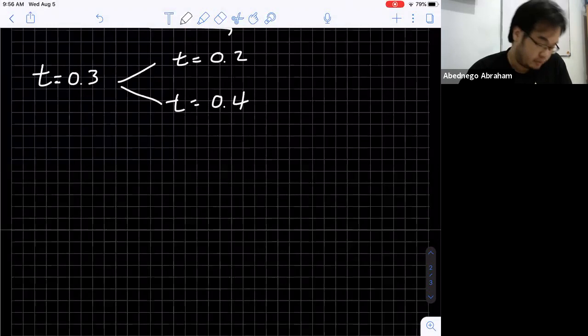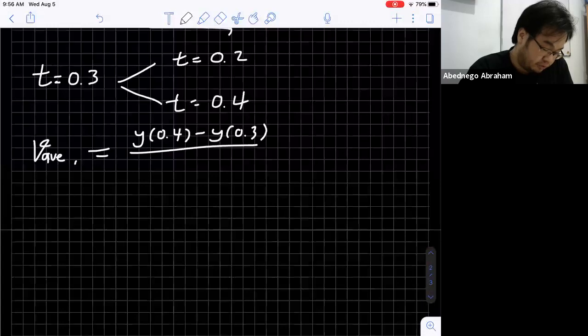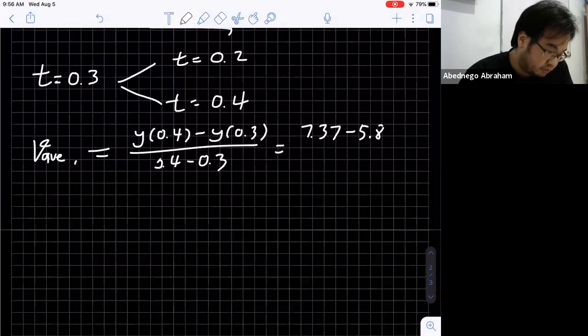The first average rate, we do it with y(0.4) minus y(0.3) over 0.4 minus 0.3, which in this case is equal to 7.37 minus 5.84 over 0.1. And it's been calculated that the rate is equal to 15.3.